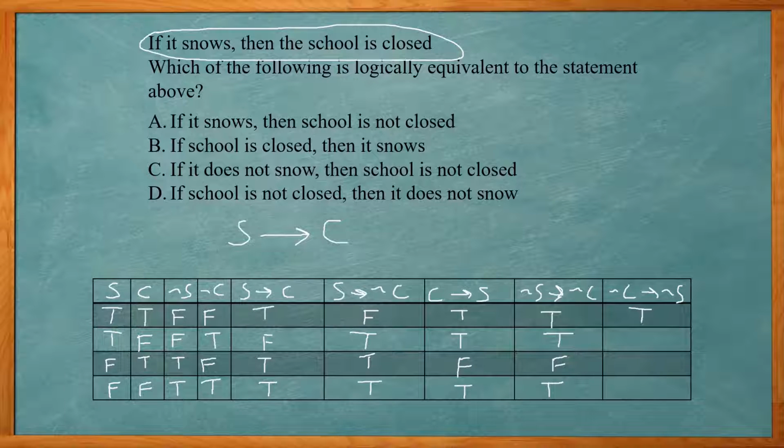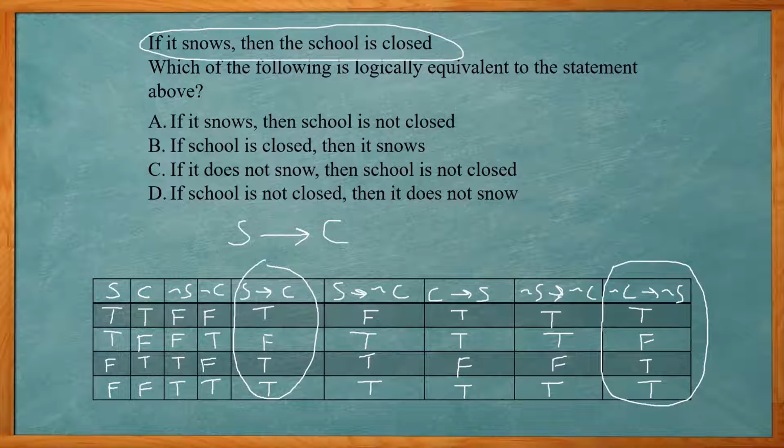That's true. Does true imply false? That's false. Does false imply true? That's true. And does true imply true? That's true. So those two columns match. So those are equivalent.